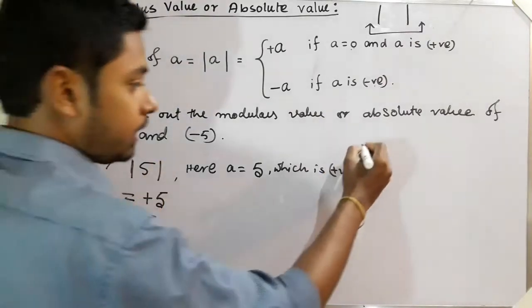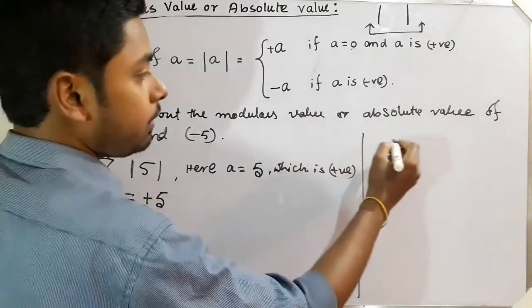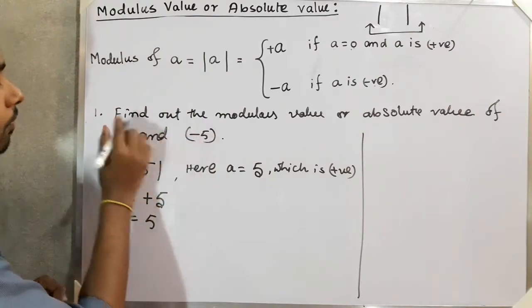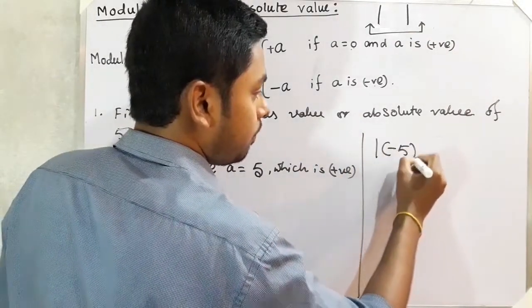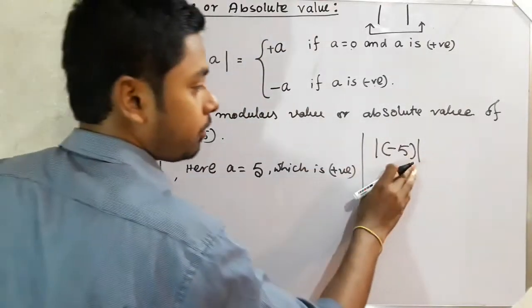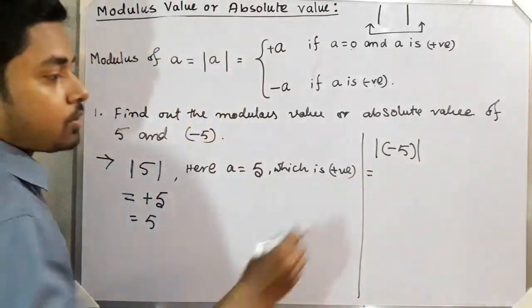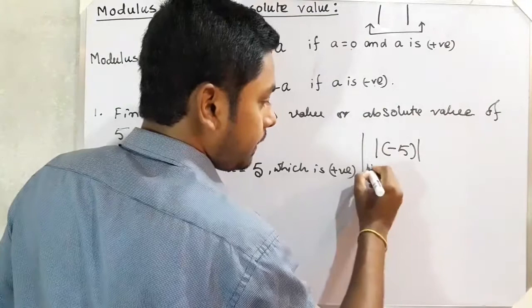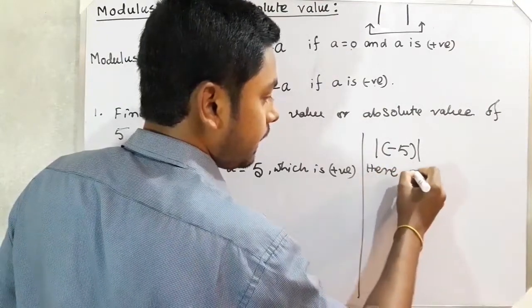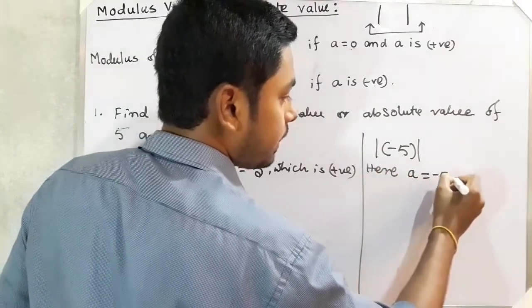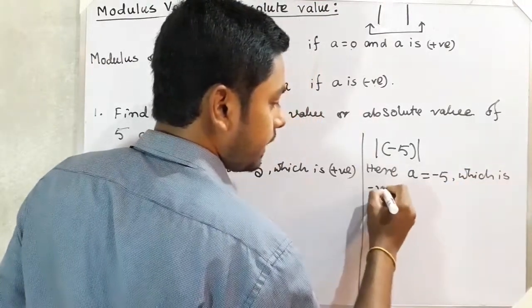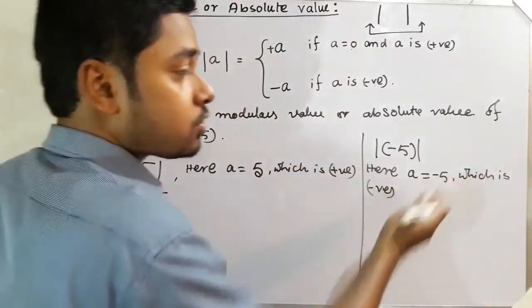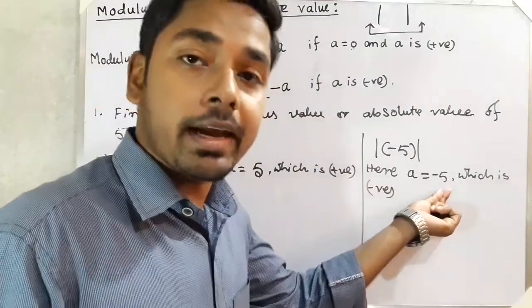Clear? Now we will find out the modulus value of minus 5. So modulus value of minus 5. Okay, how to find out? So here a is equals to minus 5, which is negative. Clearly we can tell a is equals to minus 5 means which integer? Negative integer.